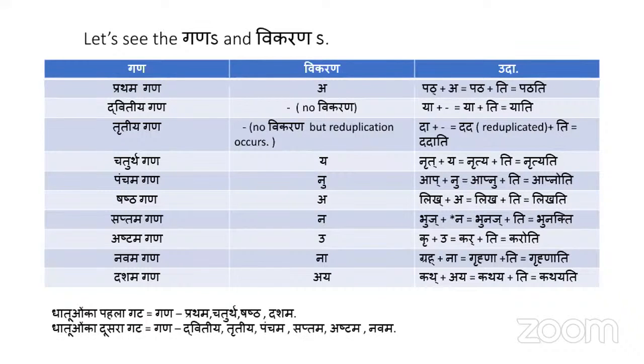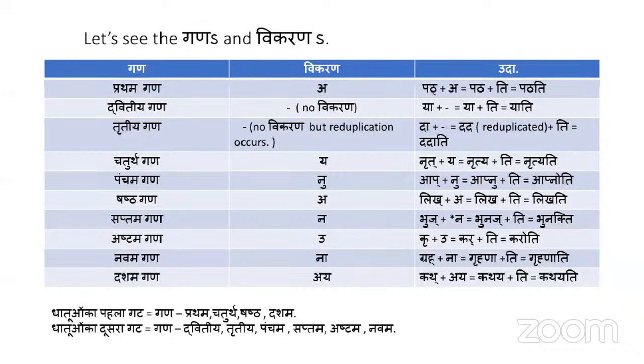I have told you that roots are divided into two groups, right? Dhatuon ka pehla gat and dhatuon ka dusra gat. Which classes are included in dhatuon ka pehla gat and dhatuon ka dusra gat? Let's see.